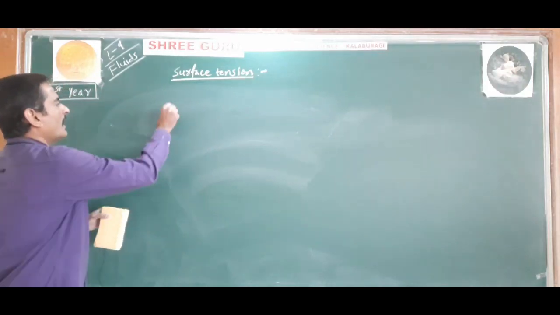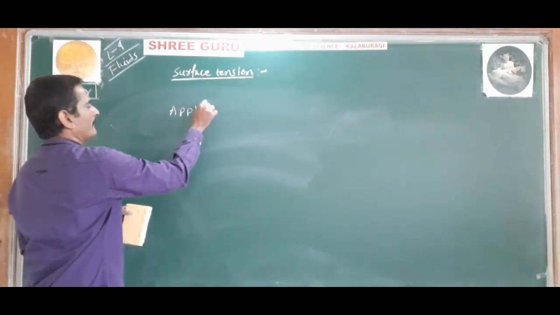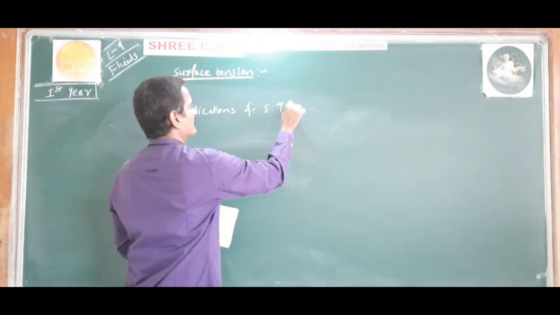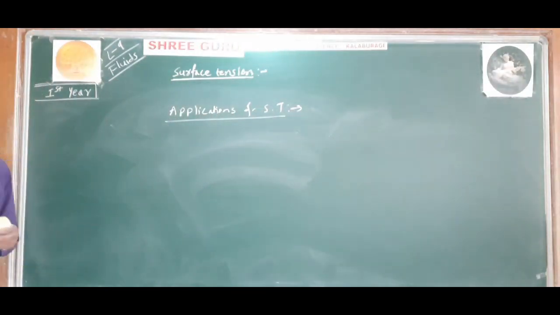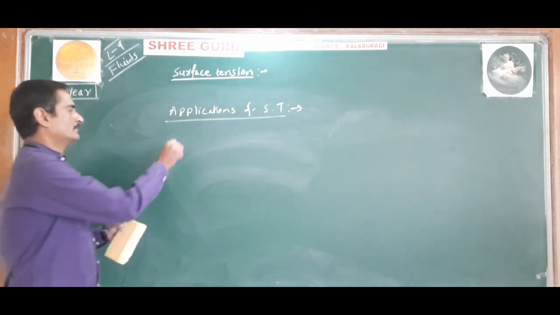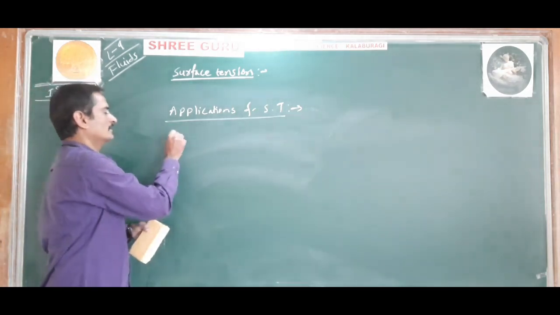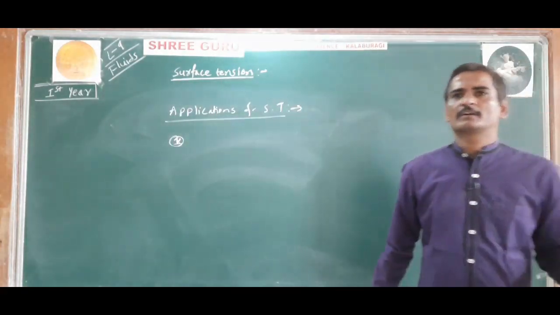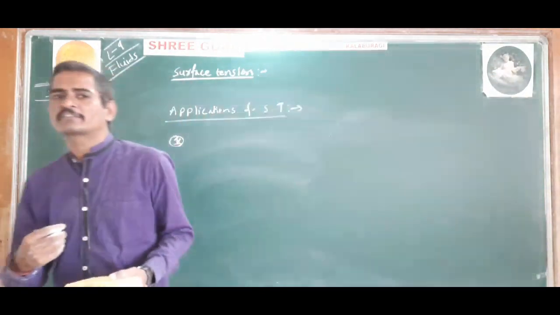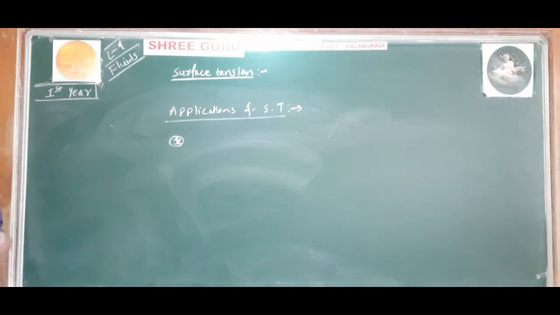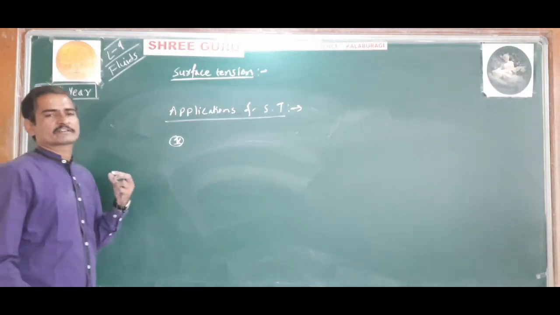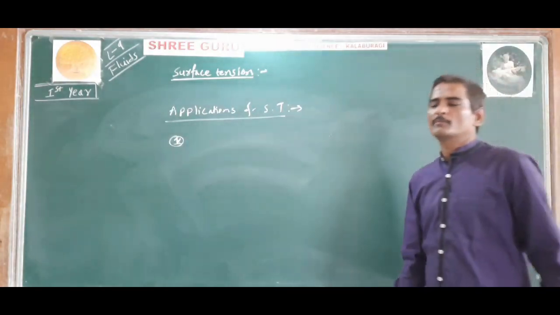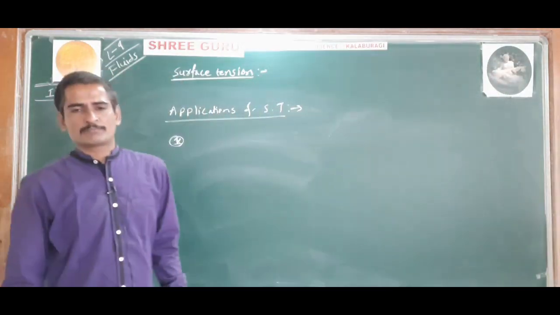Now let us study the applications of surface tension. Okay. The first one: the dirt spots on the cloth, that is the grease or oil spots on the shirts or clothes, cannot be removed easily with pure water.